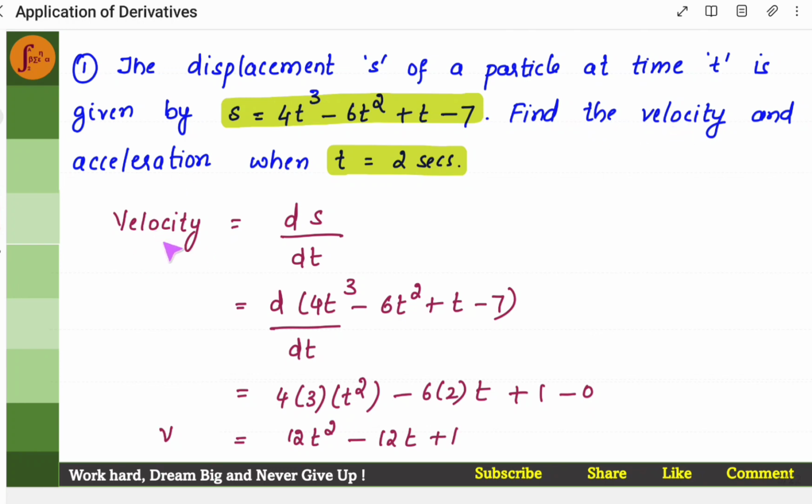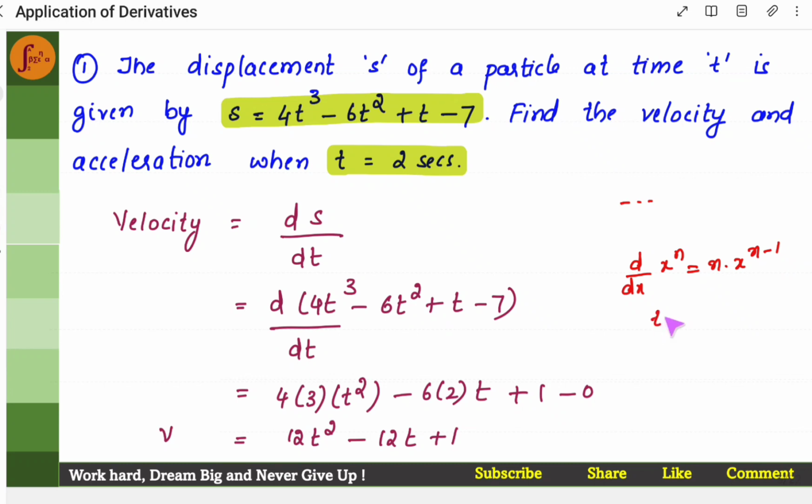Now we'll have to remember the velocity formula. What is velocity? Rate of change of displacement with respect to time. So it is nothing but ds by dt. What is s here? S is this particular equation. Now you differentiate this equation. What is the derivative of 4t cube? Put 4 outside. For t cube, you'll have to use the formula d by dx of x to the power n is n into x to the power n minus 1.